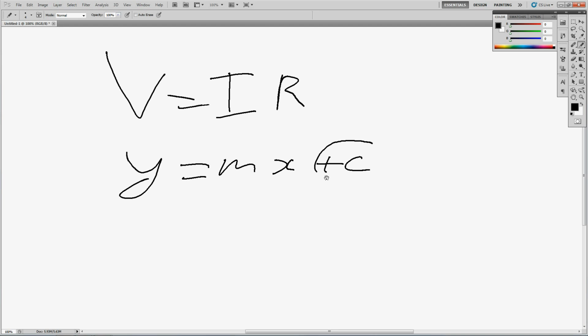There is no plus c, so that has value 0, meaning there's not going to be a y-intercept. These two have been flipped the wrong way around, so if we rewrite Ohm's law to line up with this, we'd have V equals RI. We plot the voltage against the current, and m, the gradient, gives us the resistance.